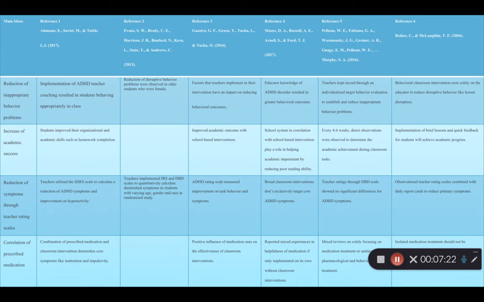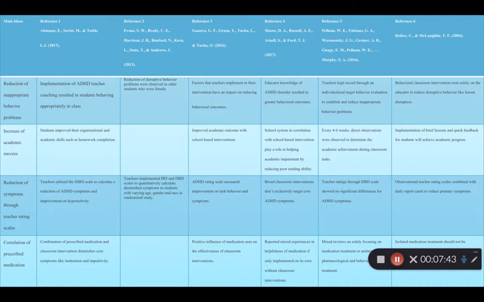I included my synthesis matrix, which includes all the references and the 4 main themes, the 4 main ideas that I focused on: the reduction of inappropriate behavior problems and increase of academic success, reduction of symptoms through teacher rating scales, and the correlation of prescribed medication.